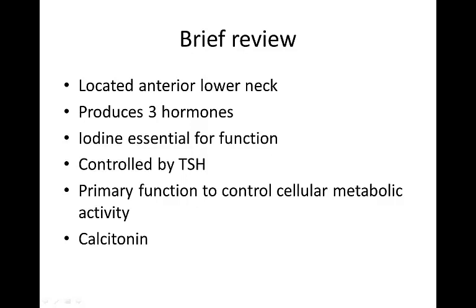The secretion of T3 and T4 by the thyroid gland is controlled by TSH, also called thyrotropin, from the anterior pituitary gland. TSH controls the rate of thyroid hormone release. The primary function of thyroid hormone is to control cellular metabolic activity.